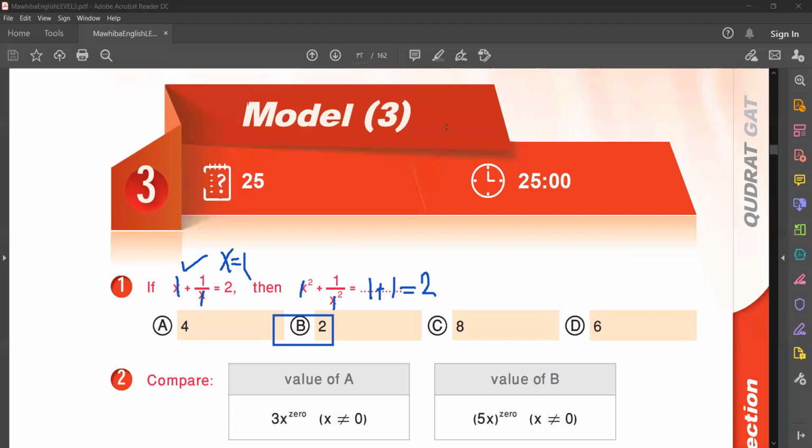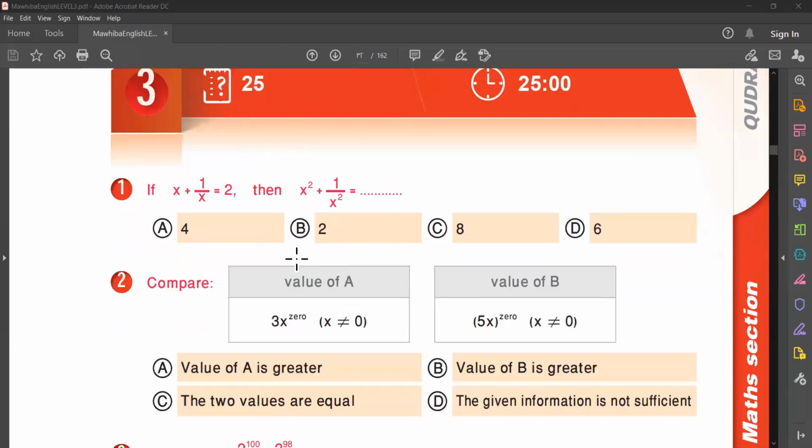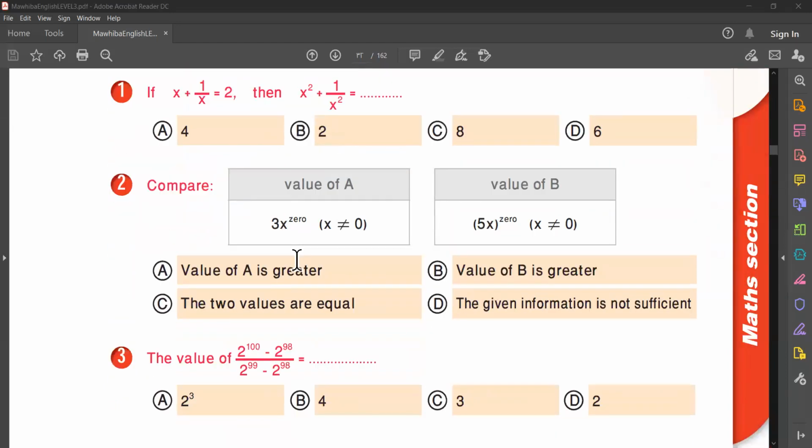Now we will look at number 2. Compare between two values, A and B. Given here, the first value A is 3x to the power 0 and 5x to the power 0.